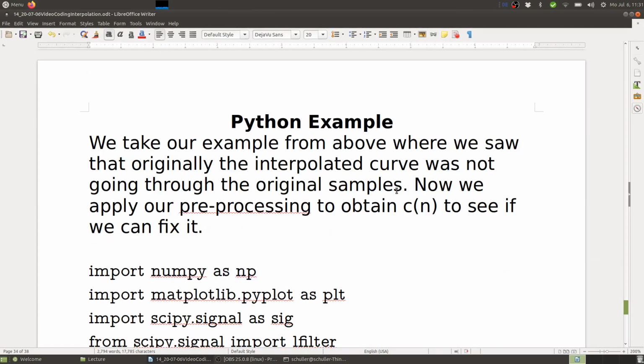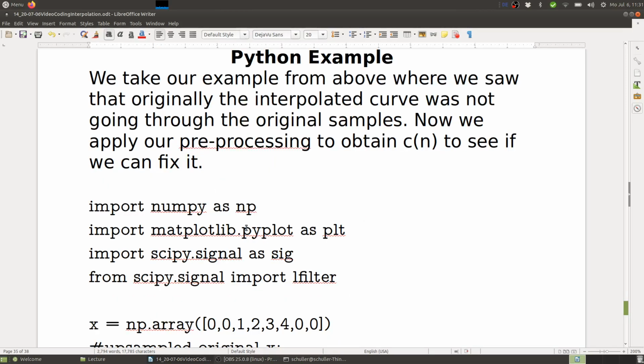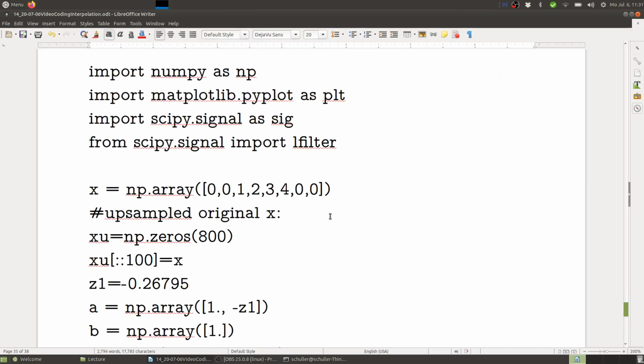Yeah, so here now back to our Python example. We take our example from above, where we saw that originally the interpolated curve was not going through the original samples. Now we apply our pre-processing to obtain C of n to see if we can fix it. Right. So same example as before, but now I'm taking more steps.